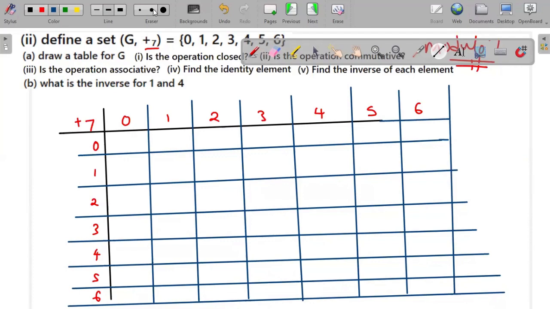Okay, so this is the table that we come up with. That is a proper table now.